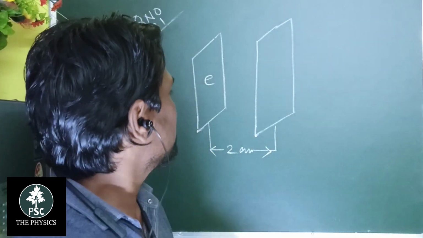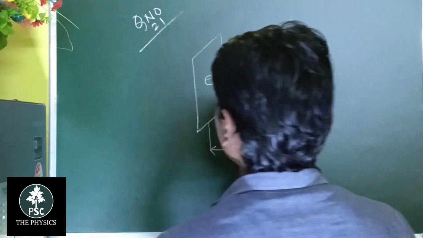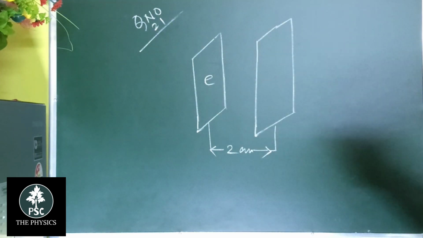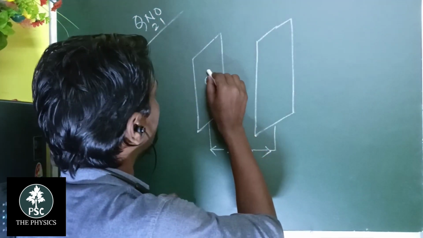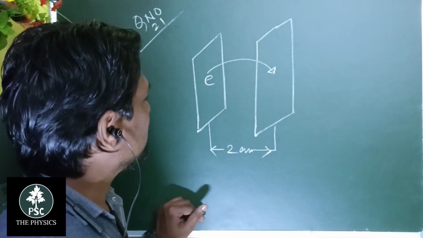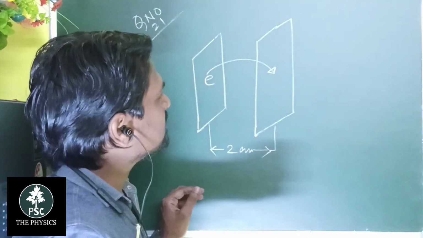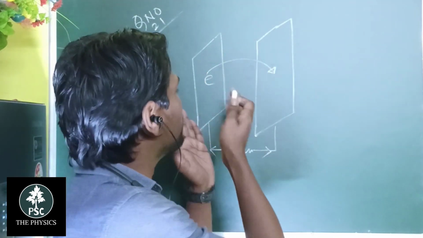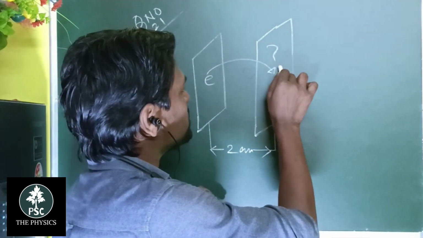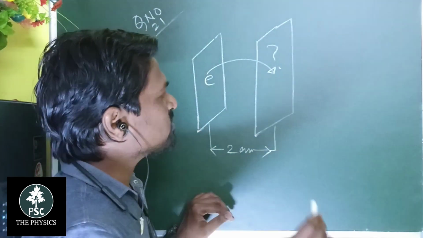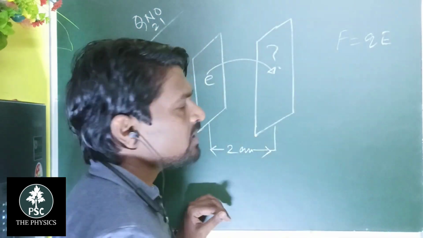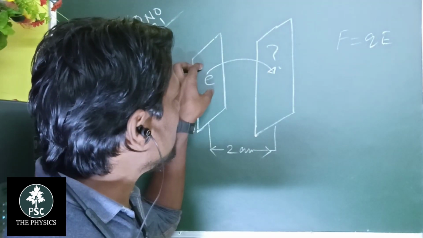So students, there is a charge at a particular plate, and somehow it goes from that plate to the other one. So why does that electron go from this plate to that one? Somehow a force acts upon that electron.